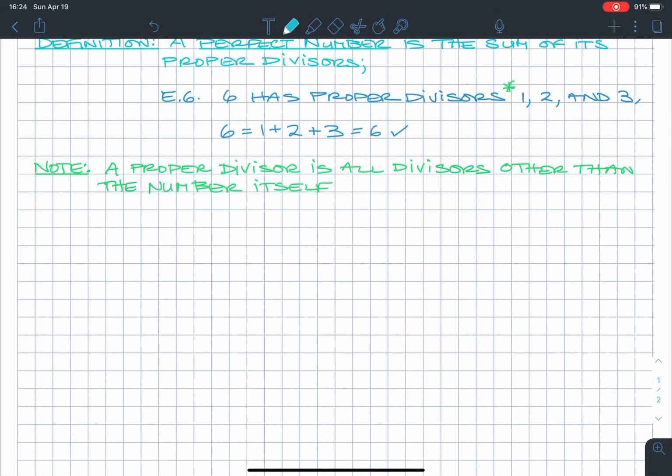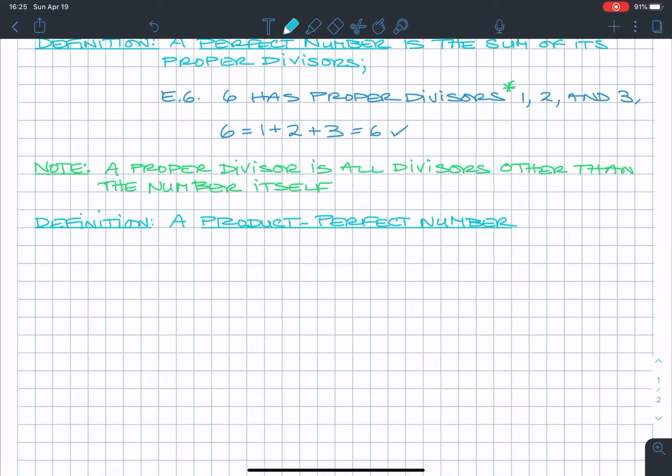Okay, so definition. So a product perfect number. So a product means multiplication. Well, if I could spell it, product perfect number is analogous to a perfect number, only now instead of adding the proper divisors, we're going to multiply them.